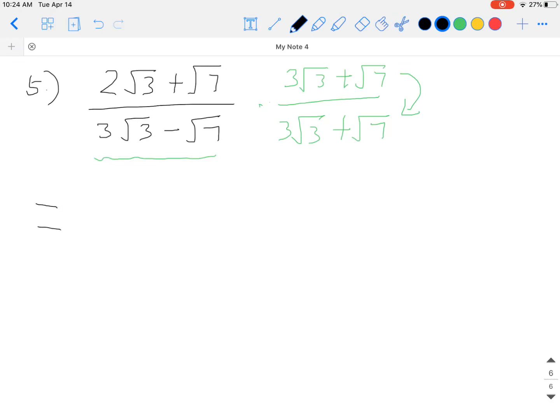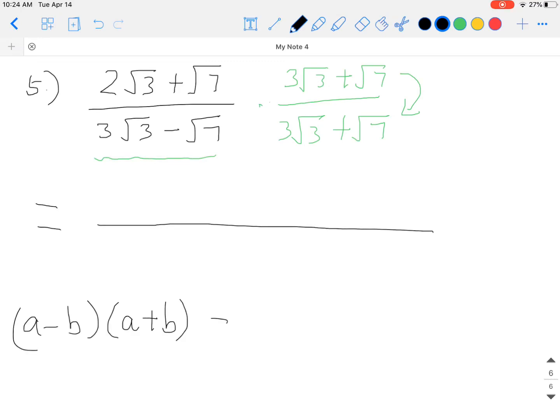Now, after we find the conjugate, we have to simplify this. First of all, I like to do the bottom. That's the easiest. Remember, this is a minus b multiplied by a plus b, and this comes from a squared minus b squared, the difference of perfect squares. Or else you can FOIL it one by one, that's fine.